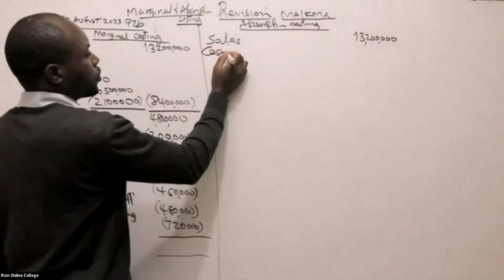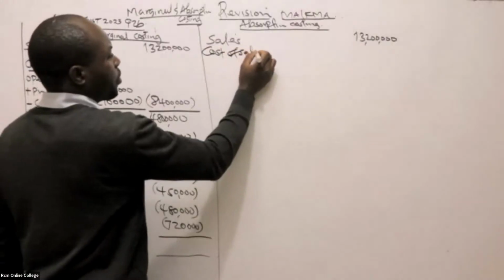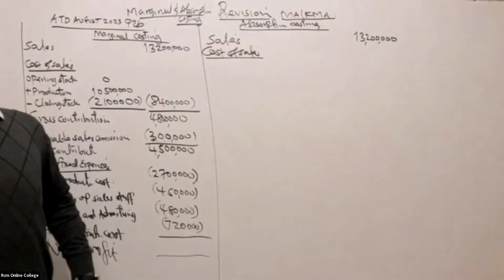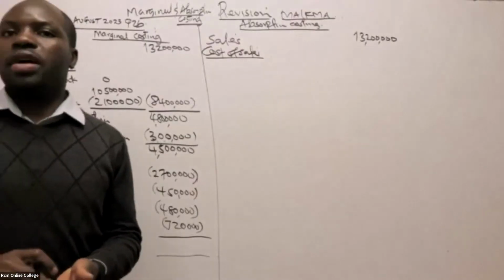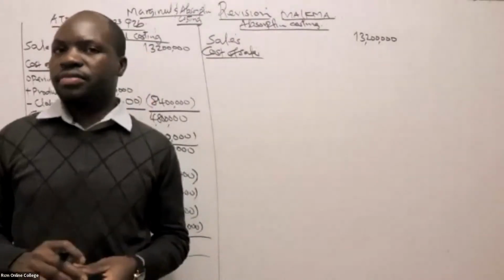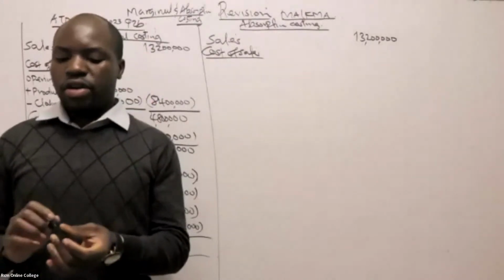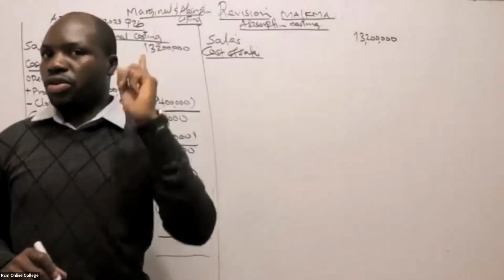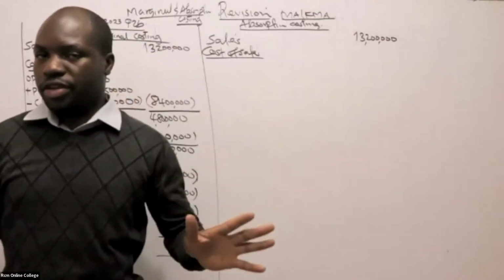Under cost of sales, remember, under absorption costing, we include what we call the fixed production overhead as part of product cost. The moment you bring in fixed production overheads or fixed expenses, we no longer call it contribution margin. We now call it gross profit, net profit, right?